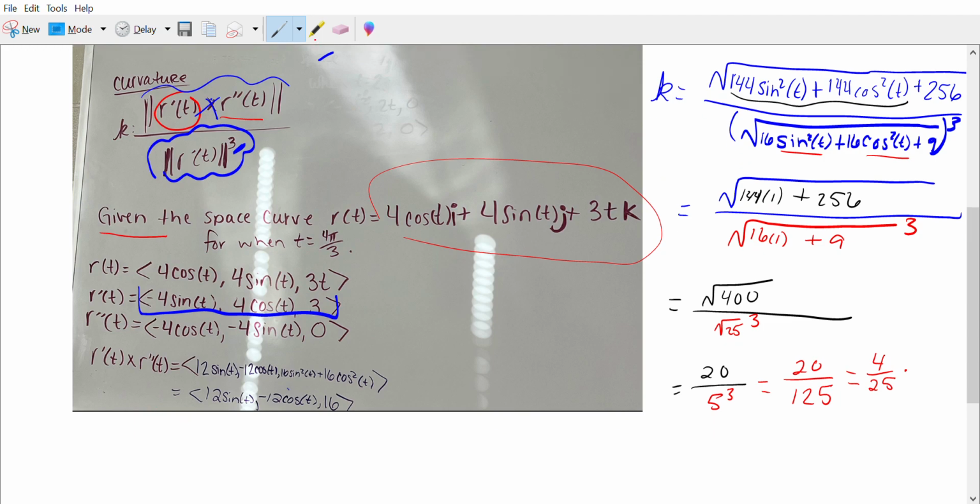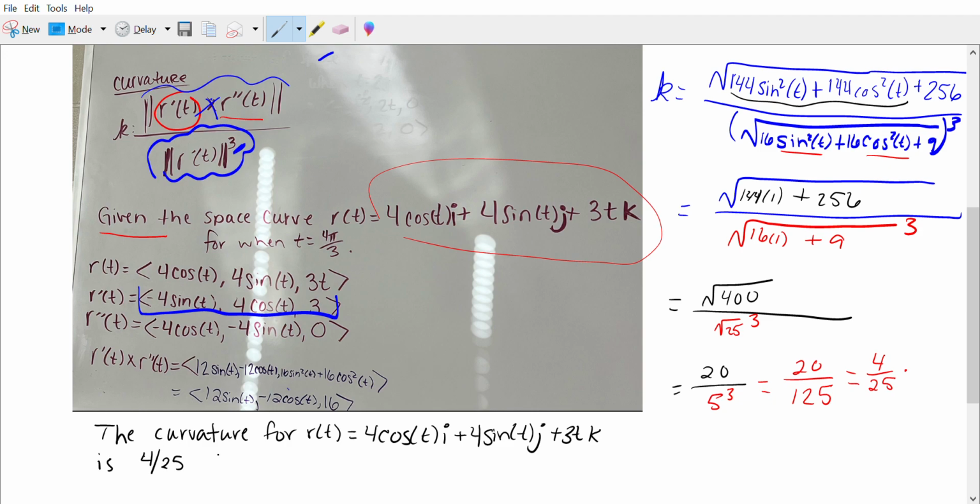Okay, for the conclusion, I'm going to say the curvature for r of t equals 4 cosine t plus 4 sine t plus 3t is 4 over 25 when t equals 4 pi over 3.